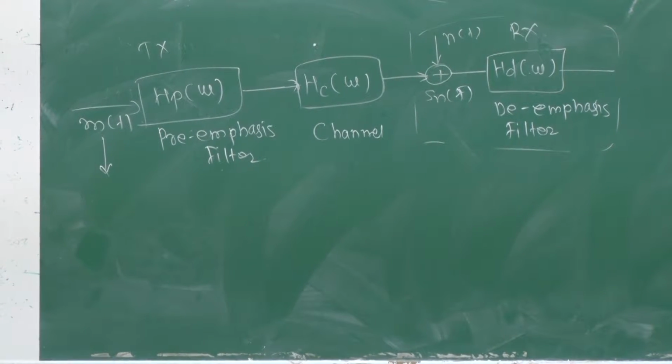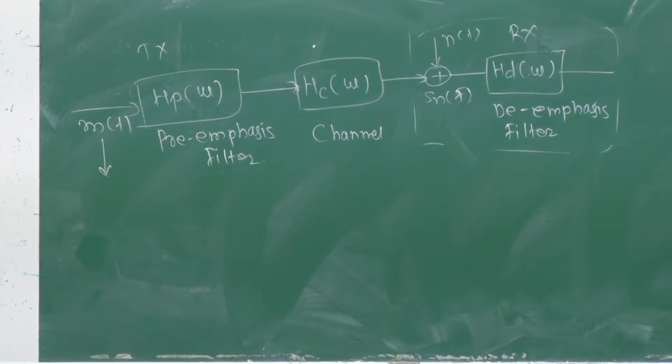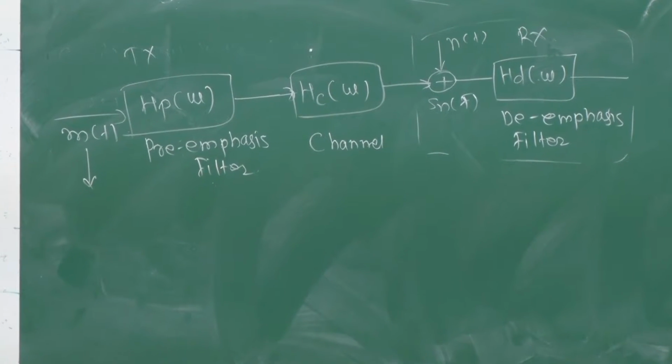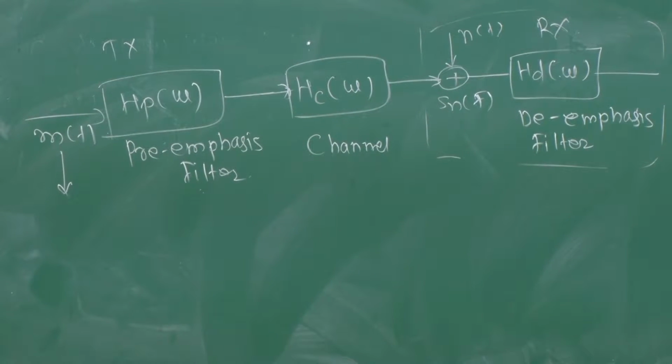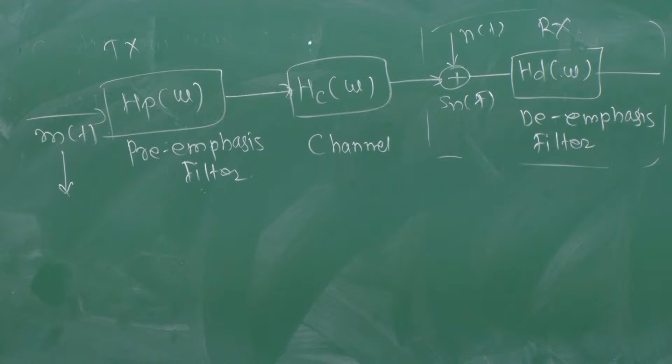Write down this m of t. M of t, which is a message signal, is a zero mean wide sense stationary process, capital WSS process, band limited to capital B Hertz. Then here we have to consider Hp of omega, Hc of omega and Hd of omega.